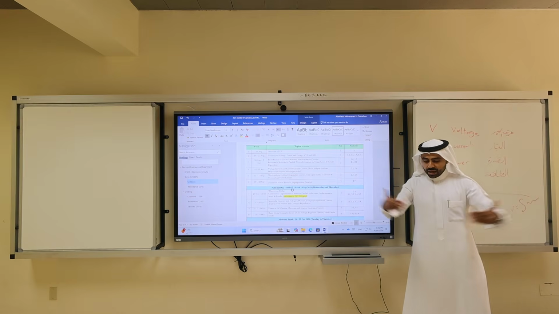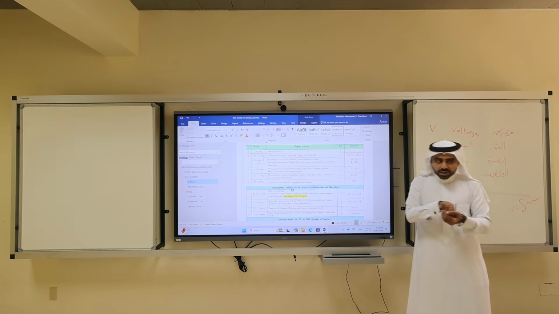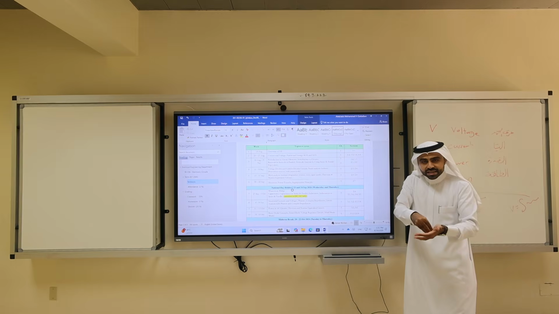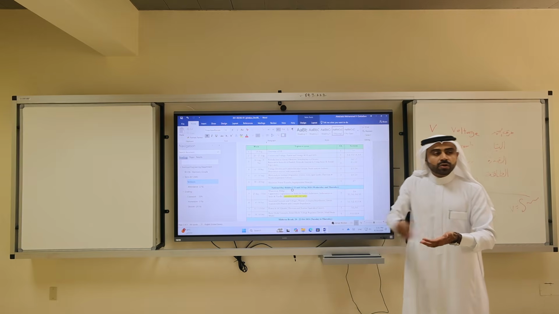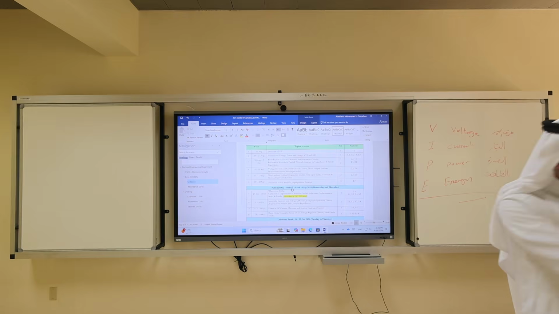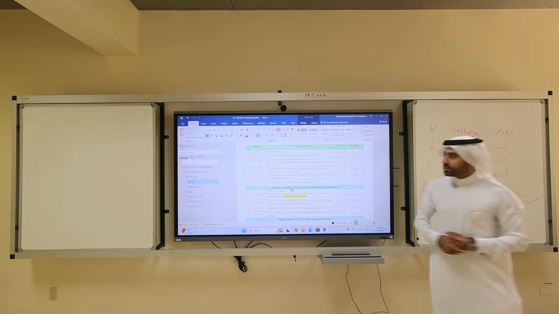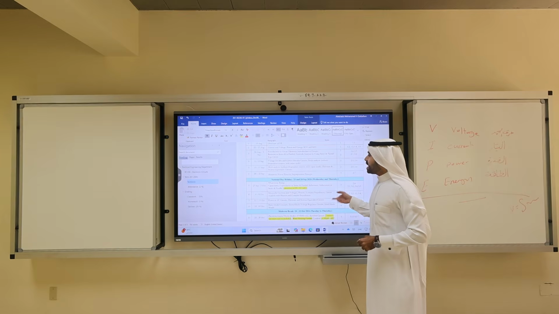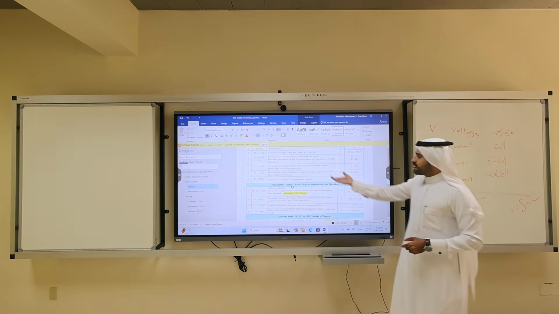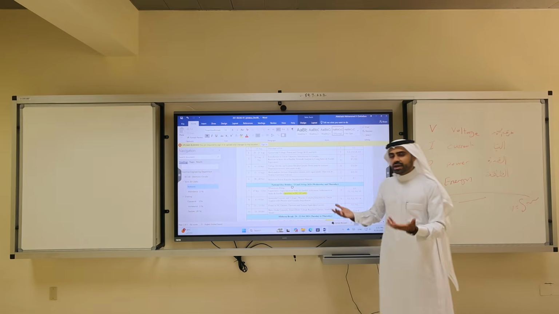KCL, the summation of currents entering a node is 0. Saying it is easy, implementing it requires practice. You have to practice. It's very important.